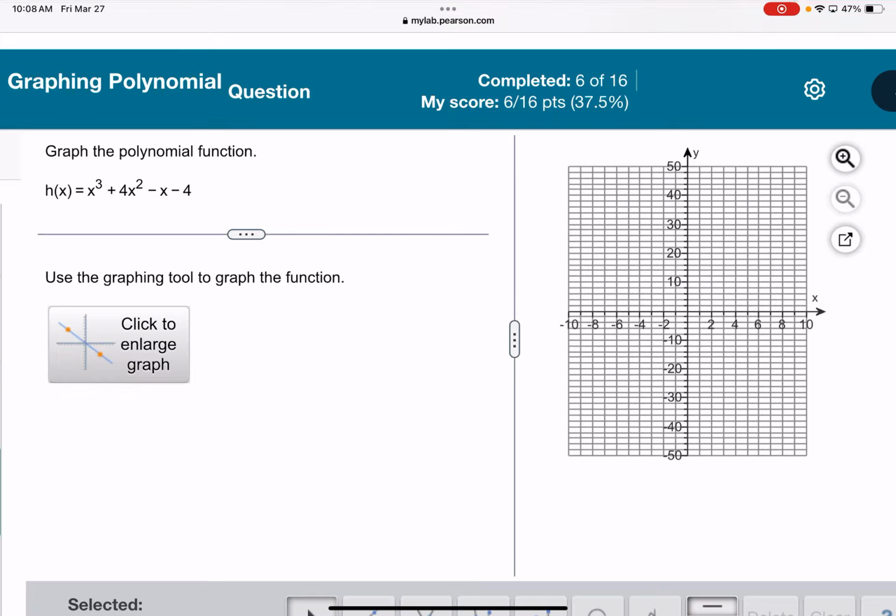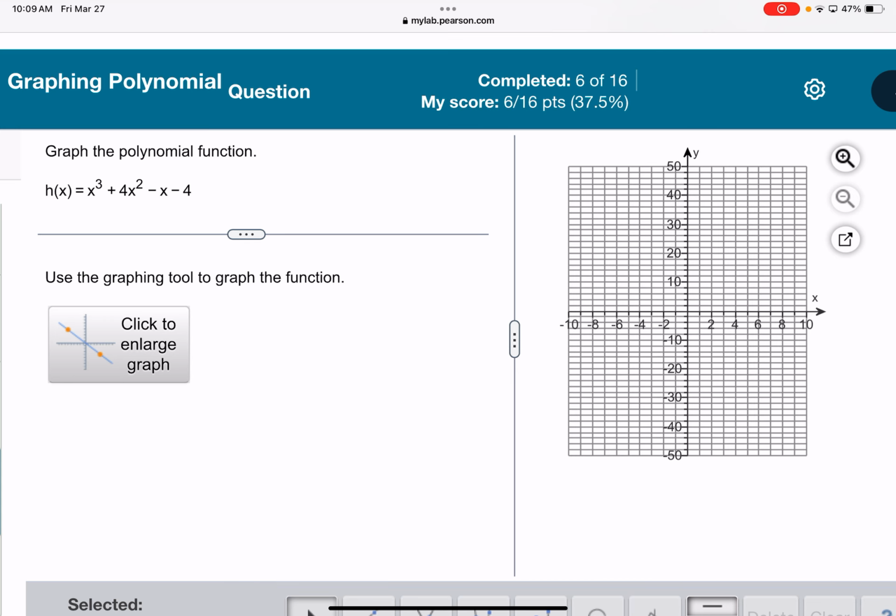So the first thing I'm going to do is determine my end behavior of this graph by using the leading term test. And the leading term of that function there is x cubed.